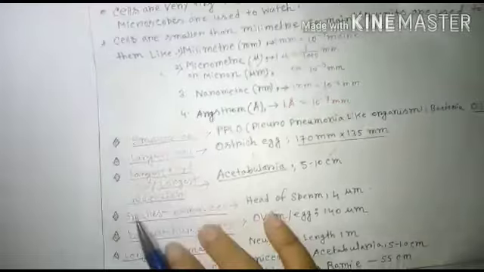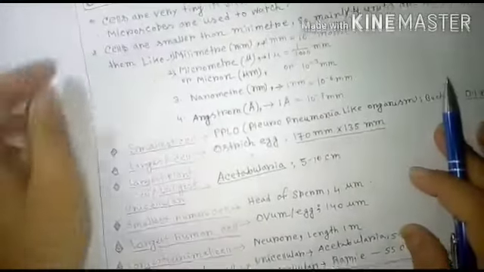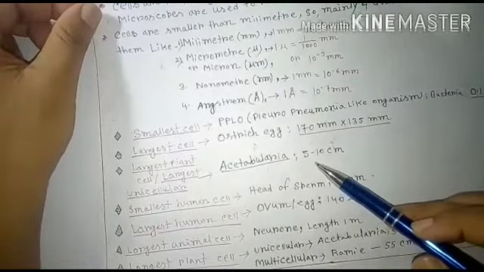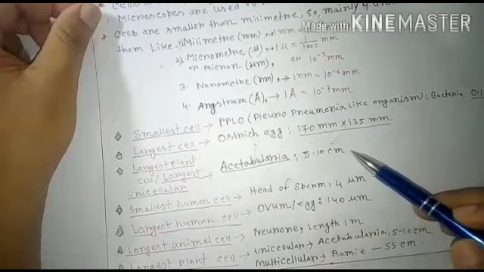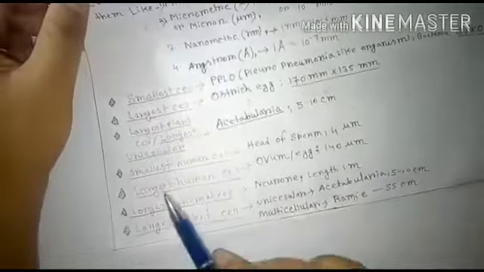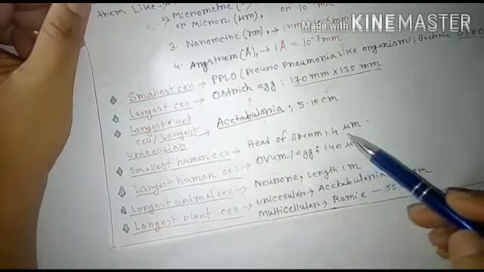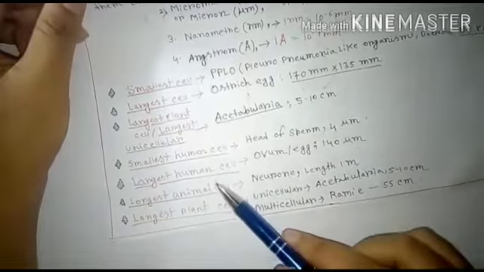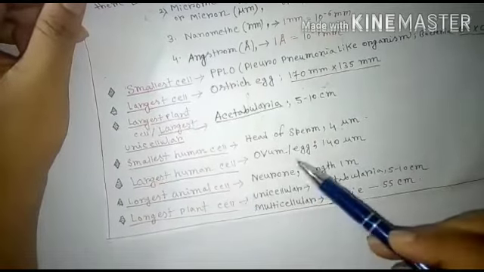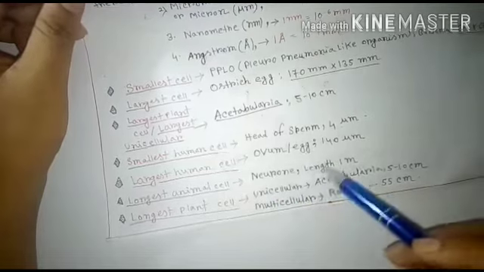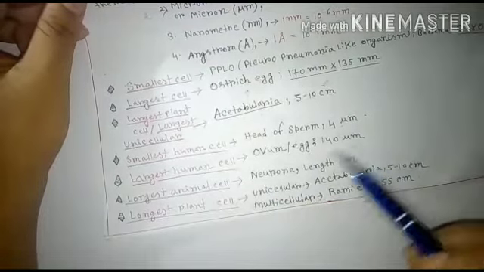The largest unicellular plant cell is acetabularia, 5 to 10 centimeter in size. The smallest human cell is the head of sperm, 4 micrometer, and the largest human cell is the ovum or egg, 140 micrometer.